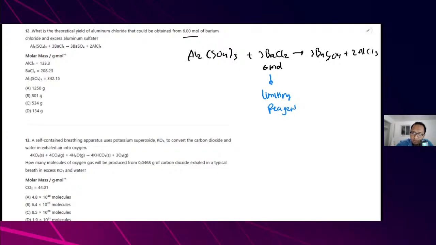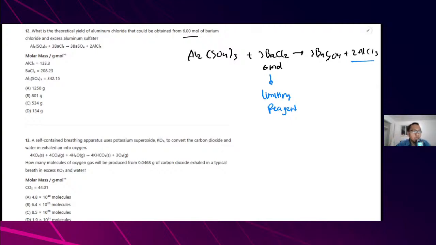We want the mass of AlCl3. First, determine the limiting reactant, because we want to use the mole ratio based on the limiting reagent. If there is a clue in the equation like excess, then the other compound will be the limiting reactant.